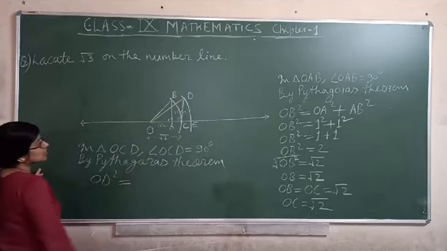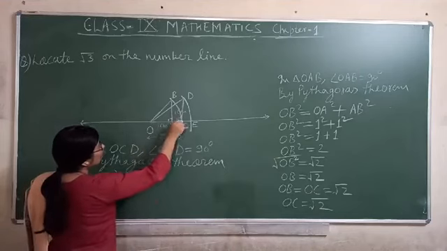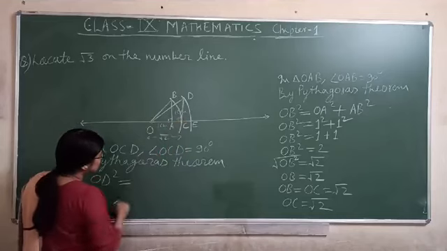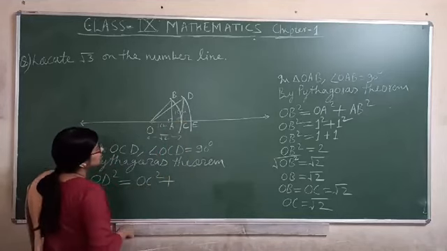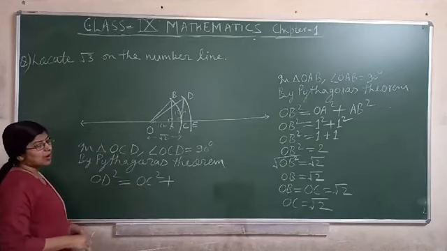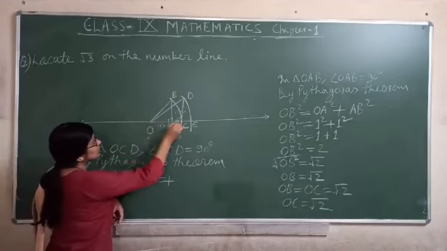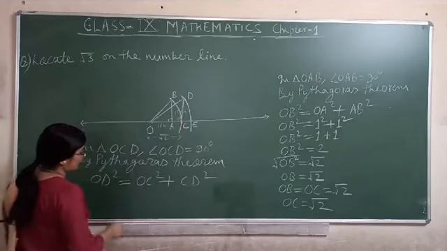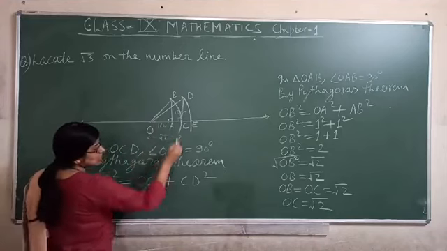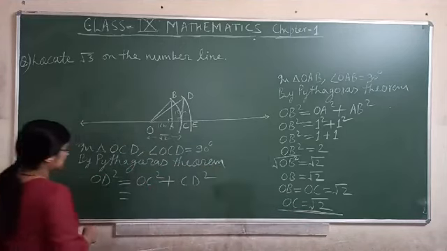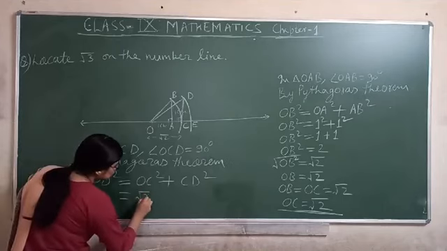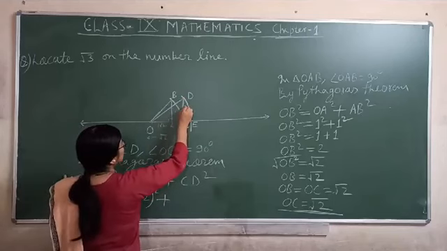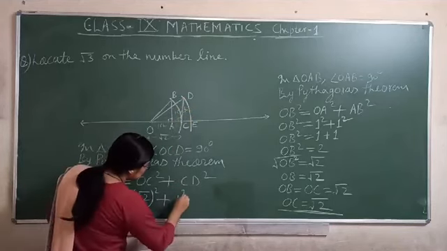OD square equals OC square plus, sum of squares of the other two sides. The other two sides are OC and CD. CD square. Okay, you know OC equals root 2. Root 2 square plus CD. CD is also 1 centimeter. So 1 square.